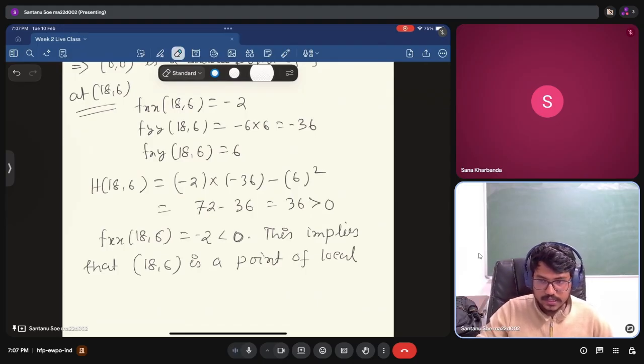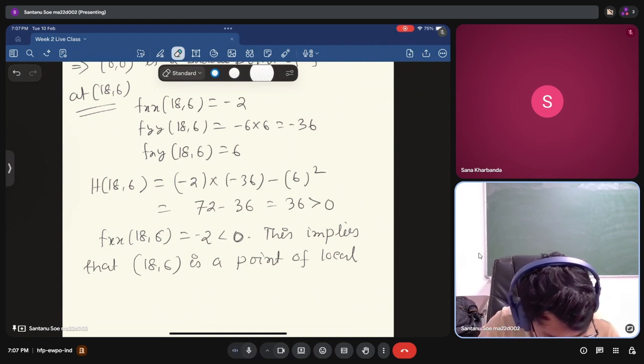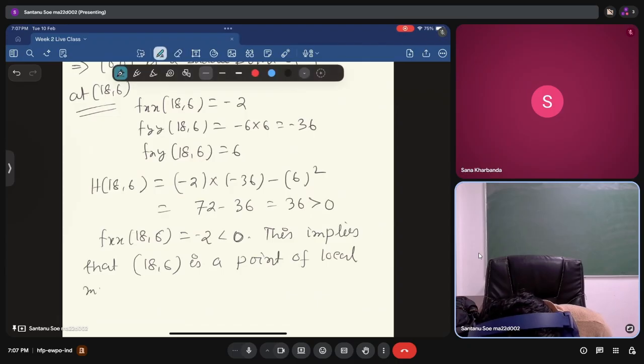Since the Hessian is greater than 0, if fxx is strictly less than 0, then the point will be a point of local maxima. If it is strictly greater than 0, then it will be a point of local minima. Now since it is strictly less than 0, (18, 6) will be a point of local maxima. Okay.